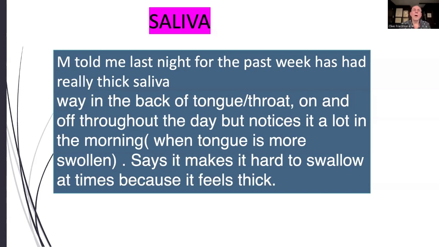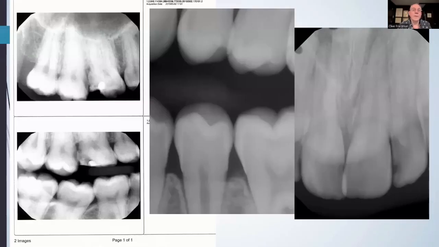And so what to do about that, when to do it, when to intercede, and how do we make the quality of life for this individual better when we have those kinds of issues? So saliva is an essential part of oral health, and it's something that we need to be really familiar with.